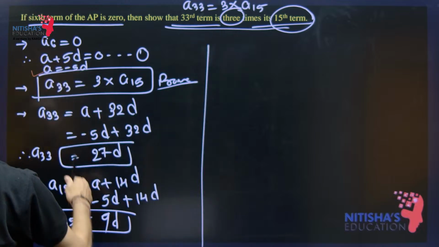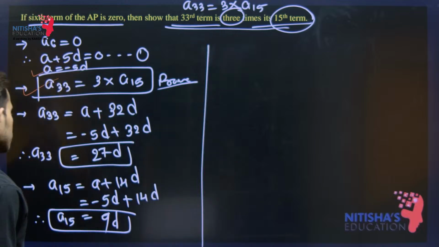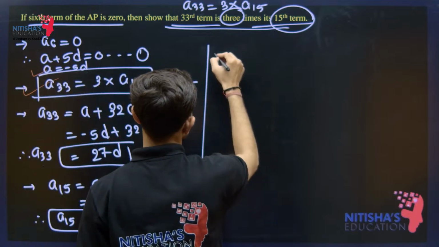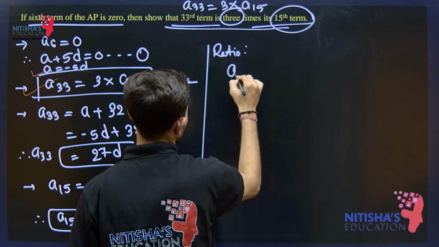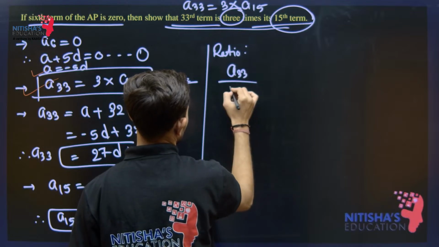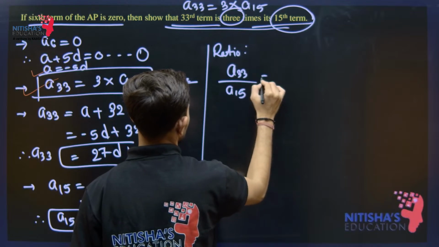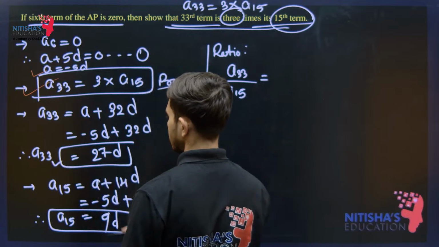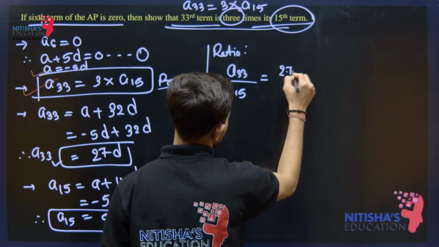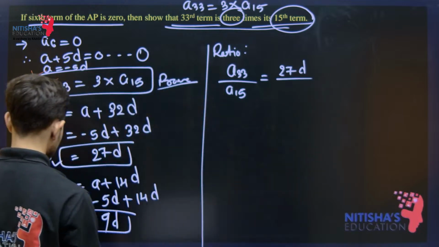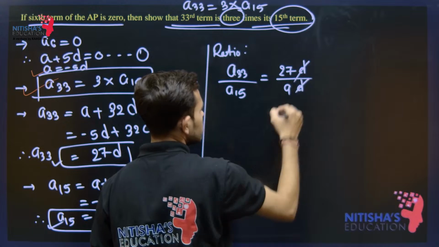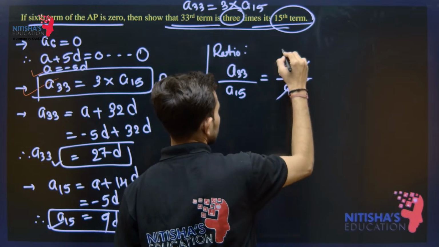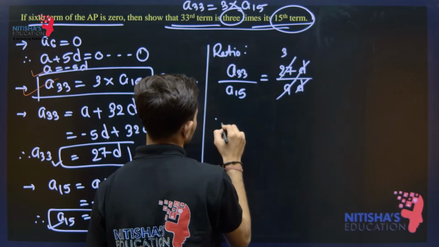Now we need to prove this. So let's check. Just take the ratio of A33 and A15. A33 is 27D and A15 is 9D. This D will be cancelled out. 9 threes are 27.